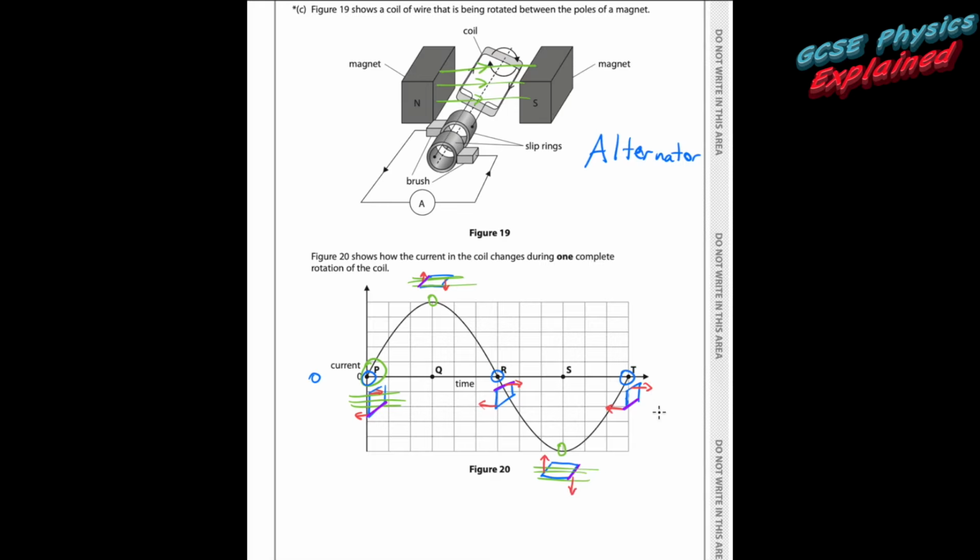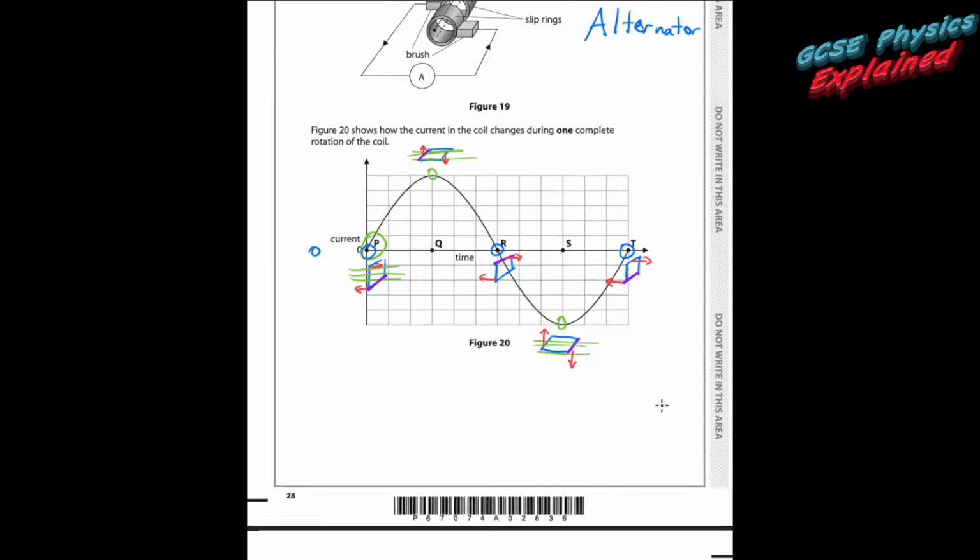Right, so how do we say that then? This is probably one of the trickiest parts of the triple physics, learning about the alternator, and the dynamo's tricky as well. So when the coil moves through the magnetic field, the coil experiences a change in the magnetic field.